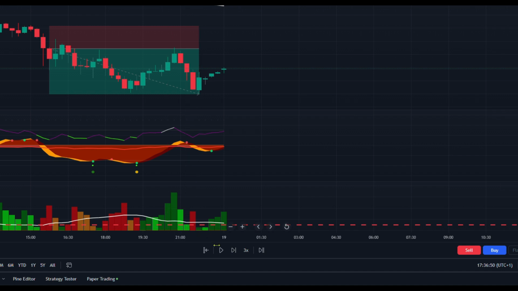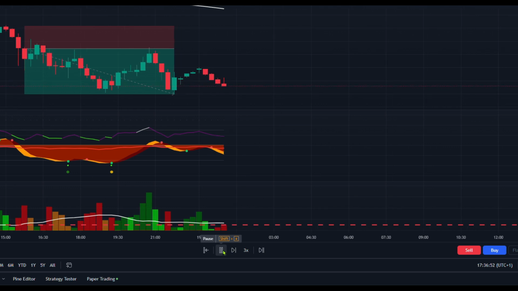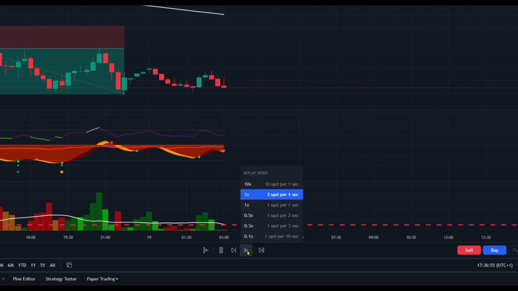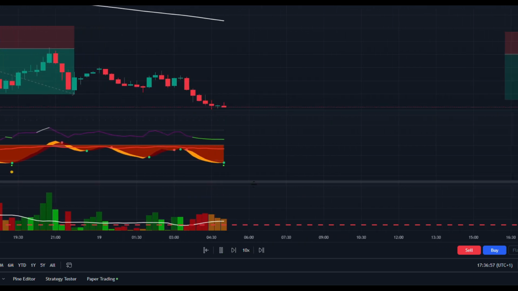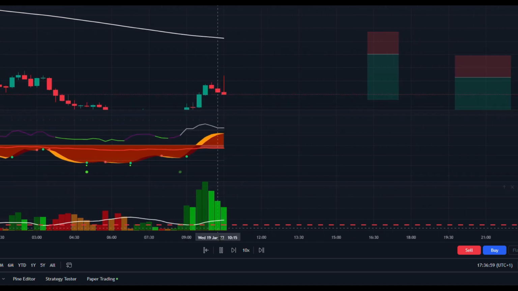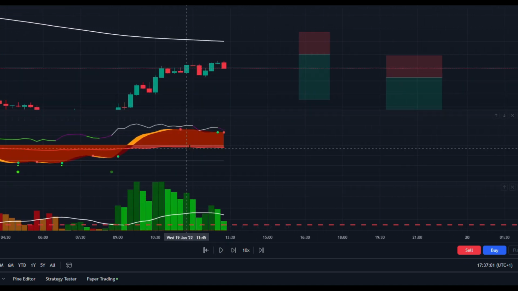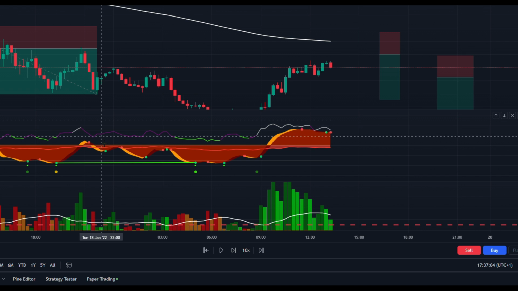So let's carry on and have another quick look, see if there's another one coming up. Let's increase the speed a bit, 10 times. We haven't had any more signals. Look, we had another one here, but we're still trading, so we can't take that one, and that doesn't qualify. Asian sessions tend to be very, very quiet.